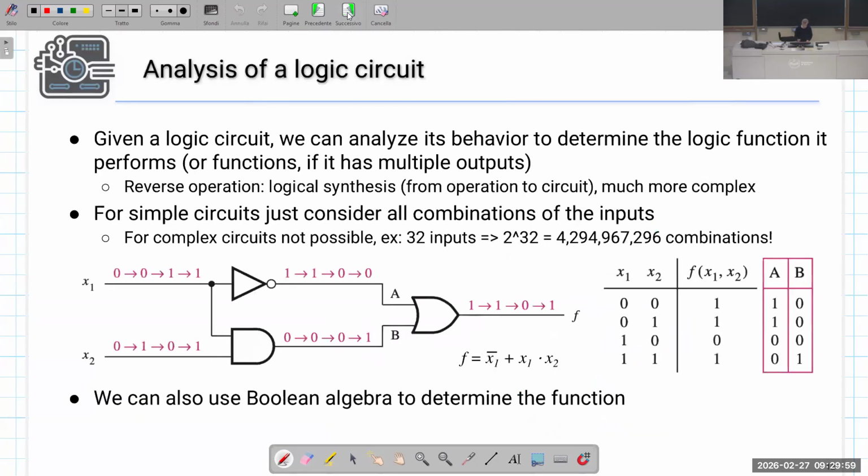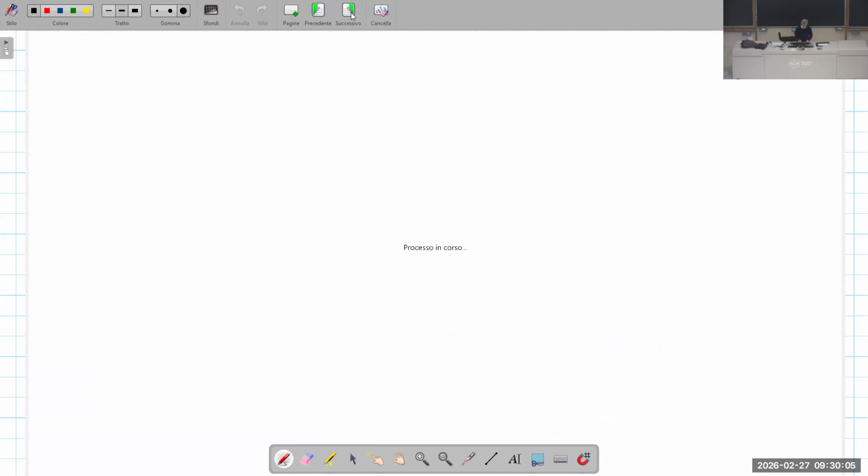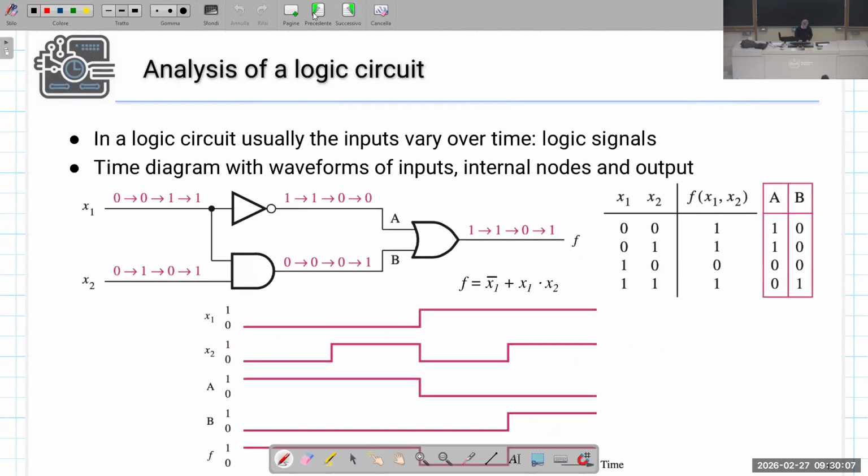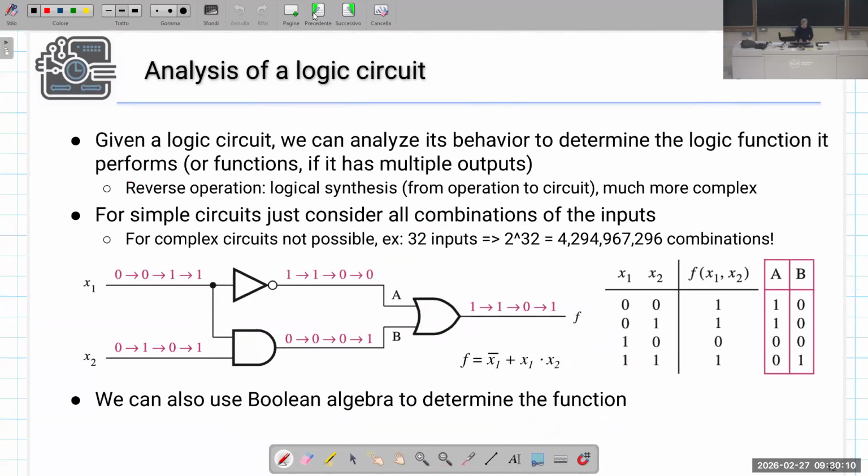Okay. Now let's go into more details. Clearly, when we have these circuits, we can also describe and analyze their behavior, starting from the external inputs and considering step by step also the intermediate signals, to analyze the behavior of the overall system.